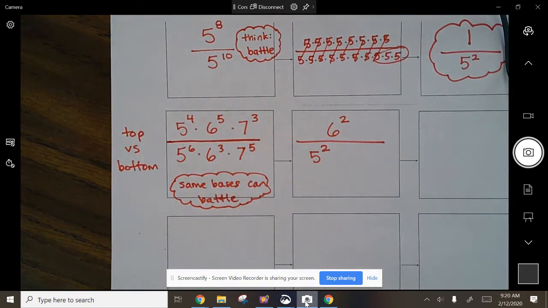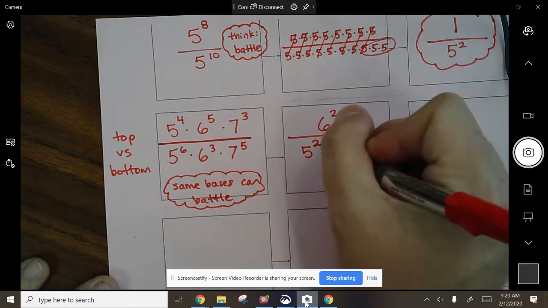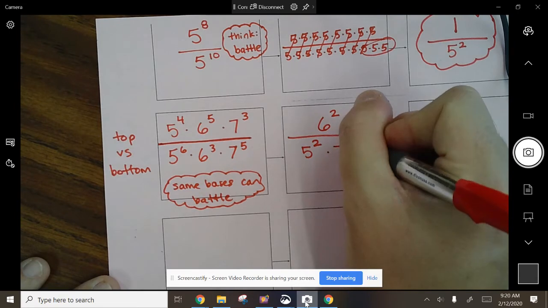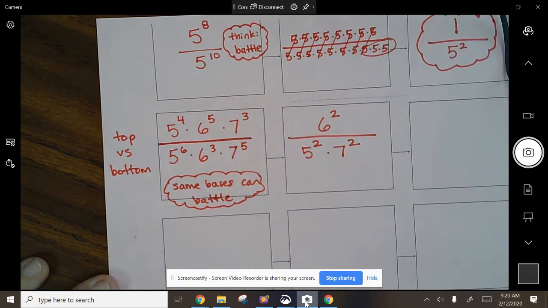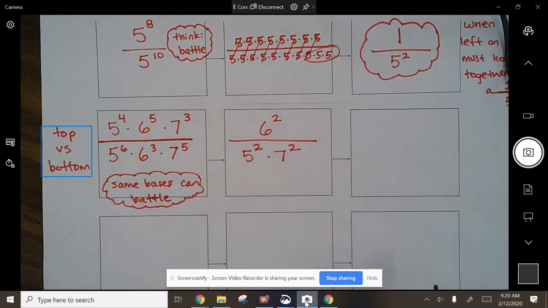Do you see how I left it on the top? Then what about the 7s? The 7 on the bottom is going to win by 2. I really would like you to understand the battle that's happening here. And this is your final answer. Don't worry about the way it looks. It's good to go.